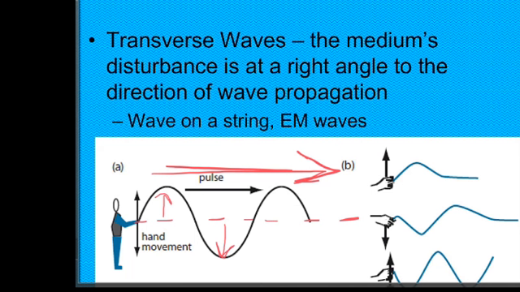Here we're showing you how to create a transverse wave, say in a spring or a string, by oscillating your hand up and down, and you get the string or spring moving up and down, but the actual energy itself is traveling to the right here.